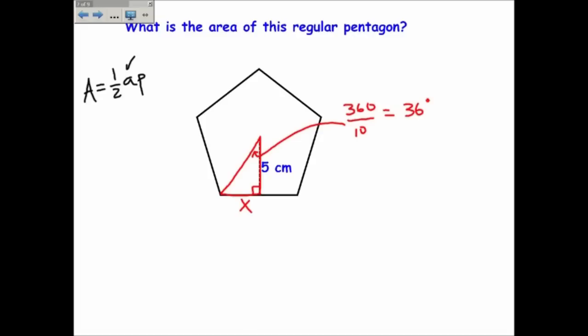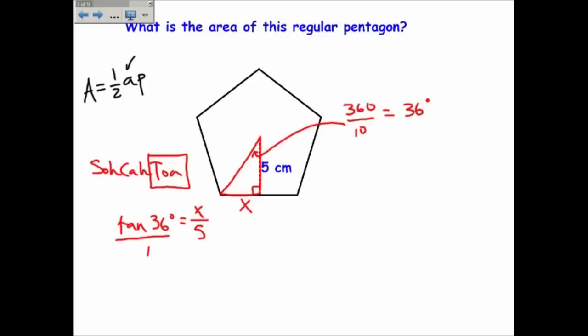So I'm going to use some trigonometry. What I know is the adjacent, and I want to find the opposite. And so I'm going to use the tangent. By the way, in these problems, we will always use the tangent.